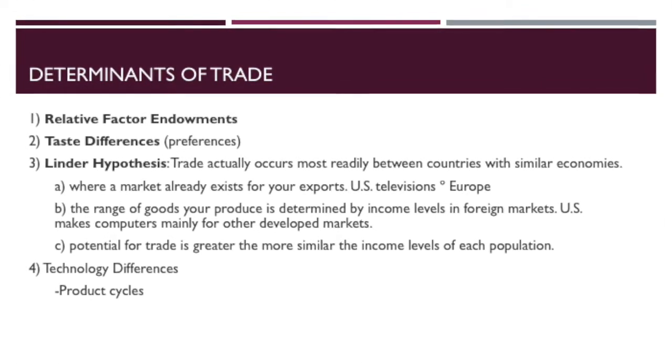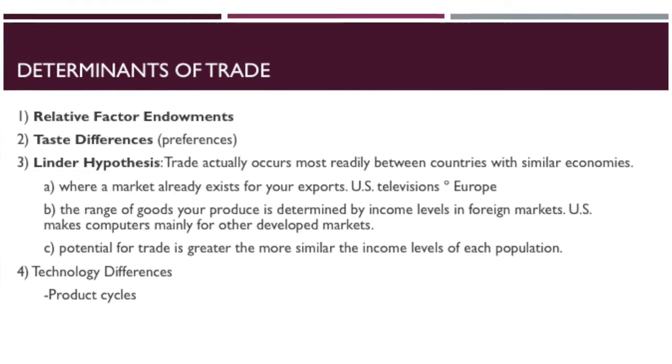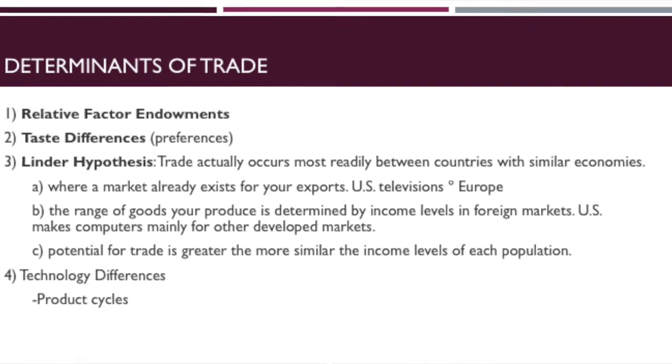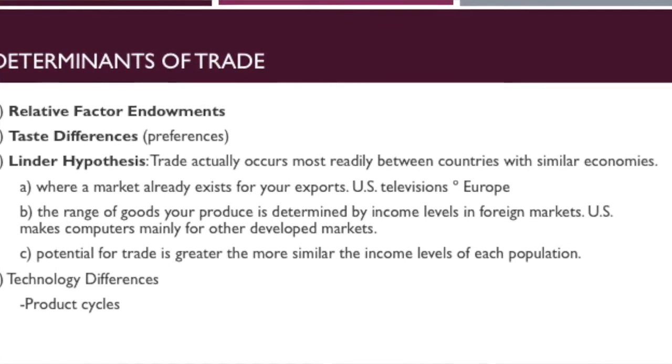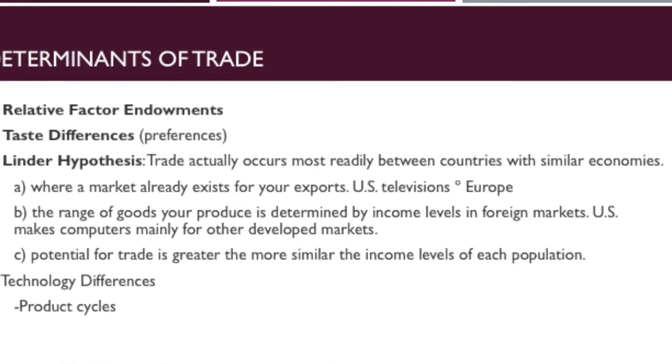One, relative factor endowments. Natural resources of one kind or another do have an impact on international trade. Canada is a major exporter of natural resources; the extraction and export of natural resources, whether minerals, oil and gas, or forestry, is a huge component of Canada's export profile.